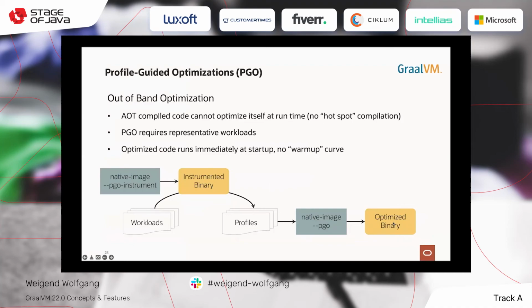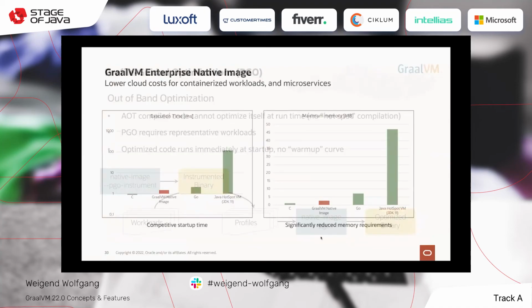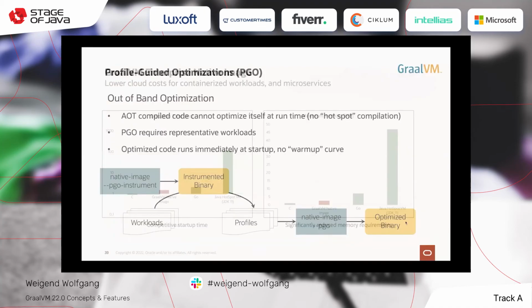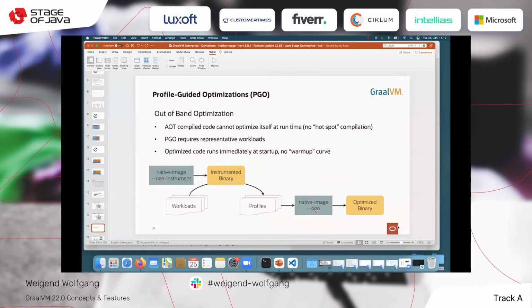So I mentioned here the profile-guided optimization before, having the argument PGO instrument, creating an instrumented binary, the profile data, then running a second PGO, and having the optimized binary.